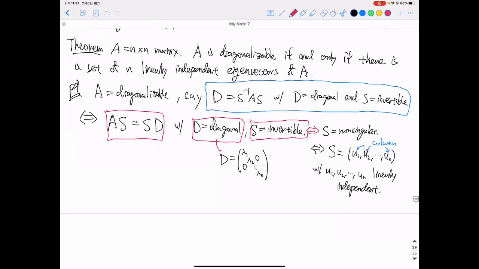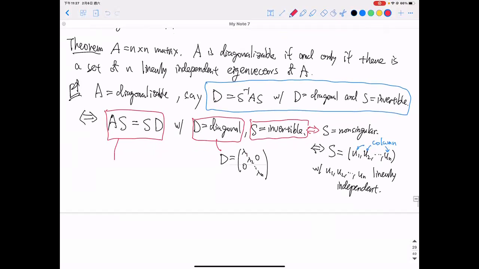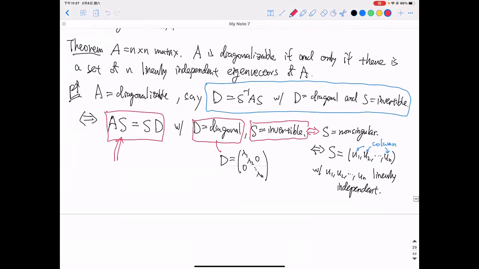Now, we're going to rewrite this equation AS equals SD, using the description that S is assembled by its columns.